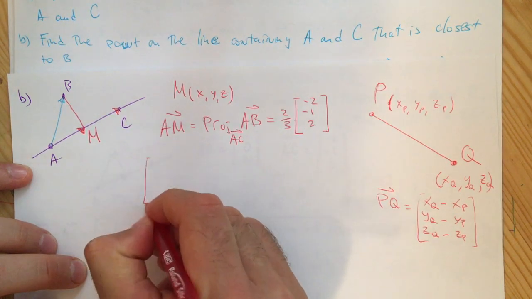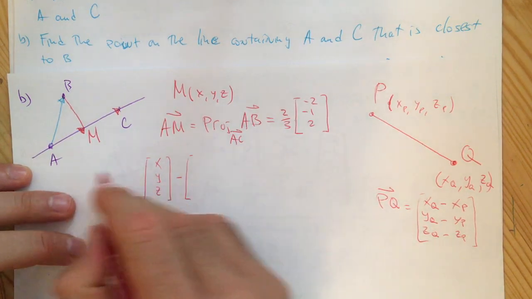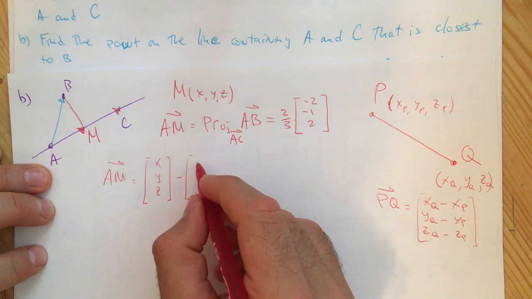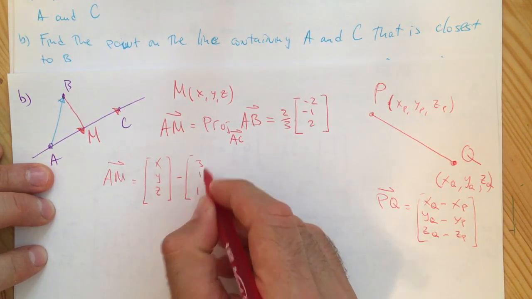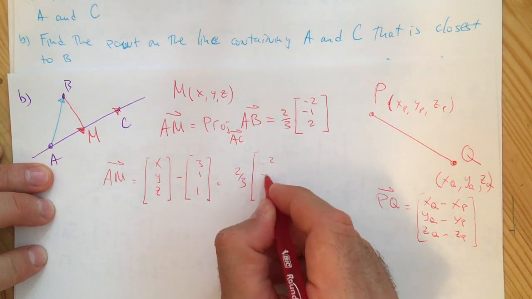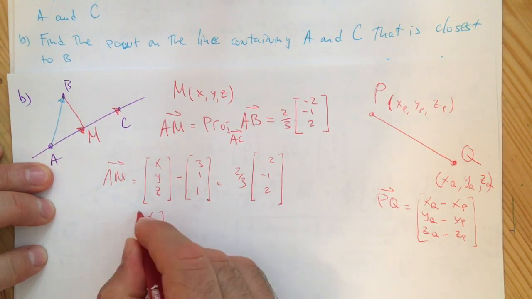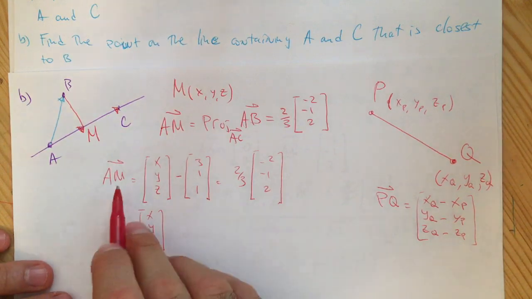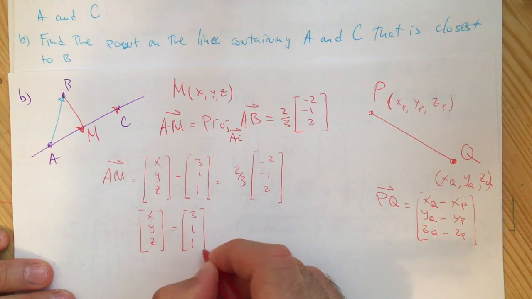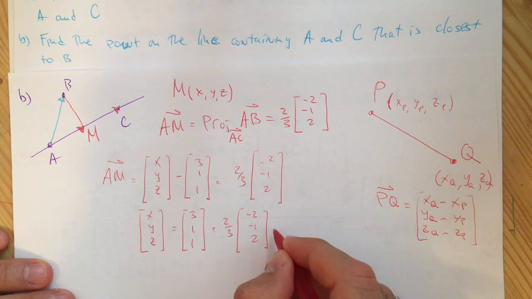Okay, so x, y, z minus A is the vector AM, and the coordinates of A are 3, 1, 1, so this is equal to 2 over 3, which is this projection, negative 2, negative 1, 2. From here, x, y, z, or the coordinates of the point M, is 3, 1, 1 plus 2 over 3 times negative 2, negative 1, 2.